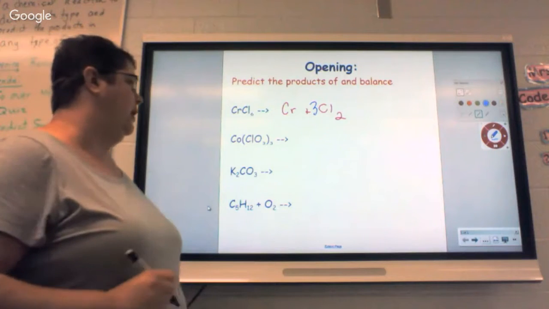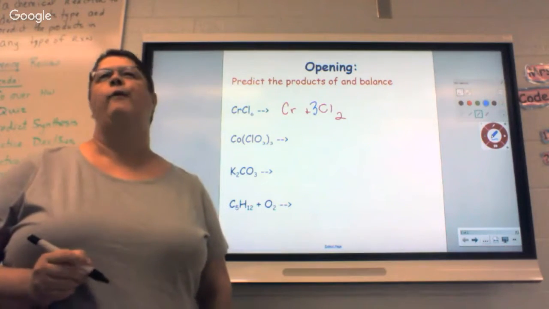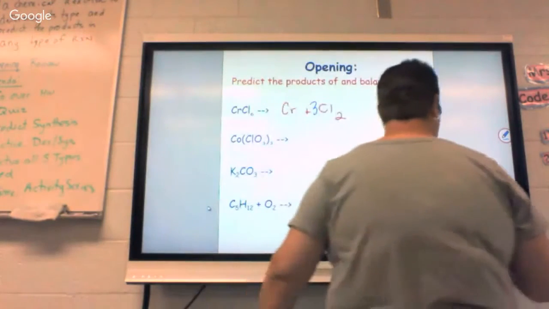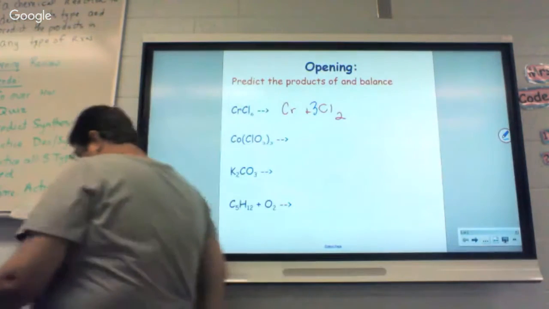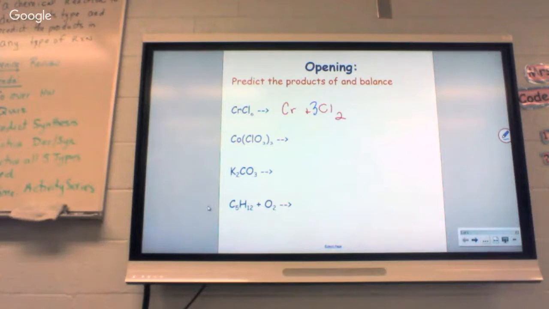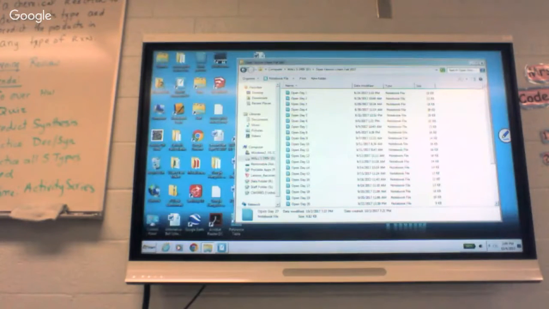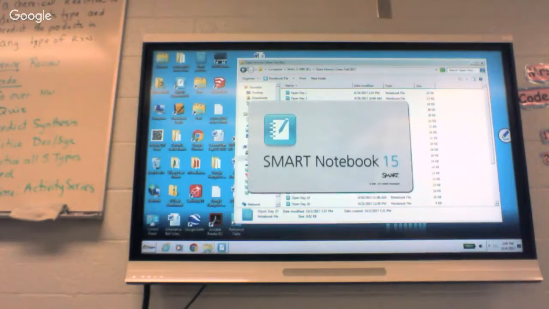Okay, so for the second one, how many elements do you have in this one? So if you have 3 elements in it, this is, hold on, let me see if I can, since Isabel's not here yet today, see if we can make it a little easier for her. Minimize that and pull this up for her.